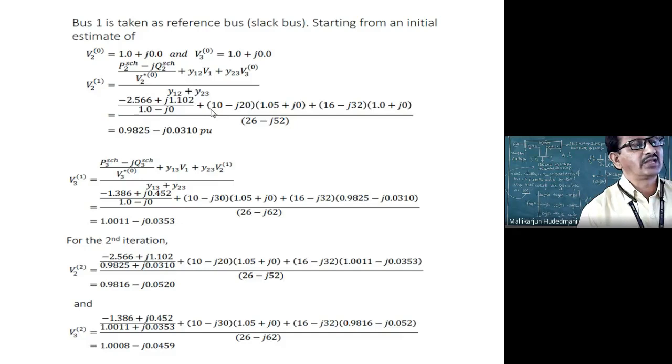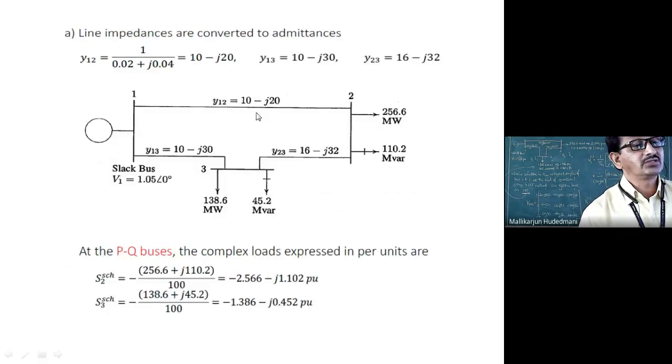Hence, to cancel that negative, one negative was included in the derivation. But here, what is the author's style of writing? Plus. Plus 10 minus j20. What does this 10 minus j20 refer to? Elemental admittance. I go back to the previous slide. What is 10 minus j20? Elemental, lowercase. Lowercase y12 is 10 minus j20. What is the difference between capital Y12 and small y12?